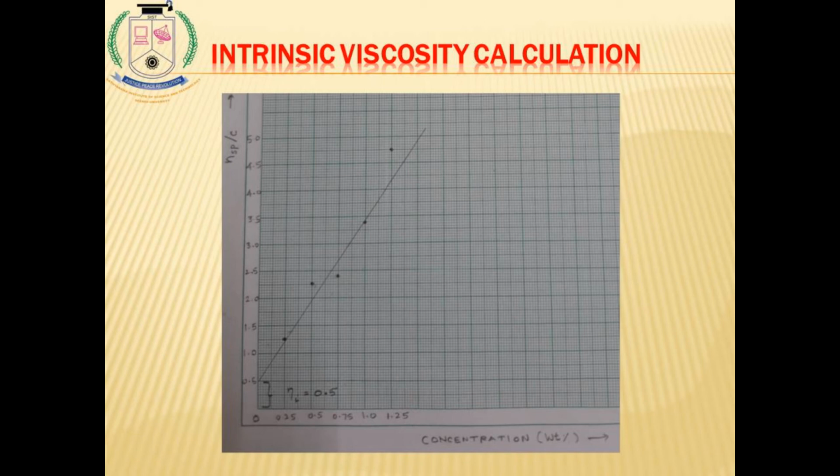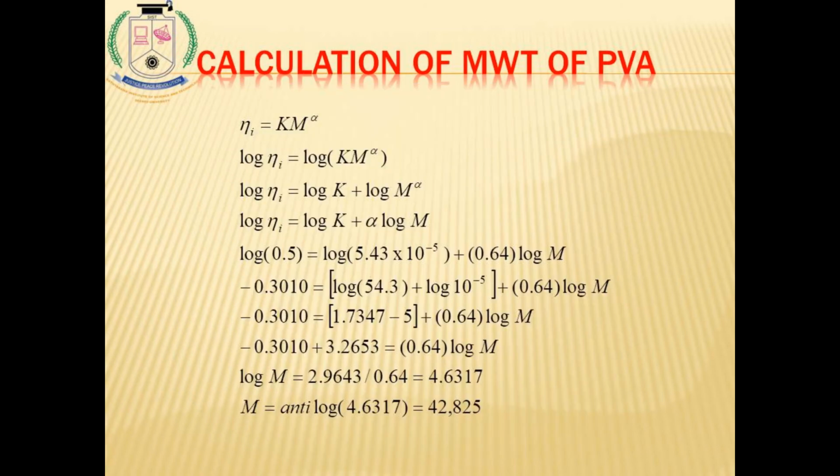And we know the alpha value and K value for the polyvinyl alcohol system. Now, if you know the three things, that is eta I, K value and alpha, we can find out the fourth parameter, that is molecular weight.